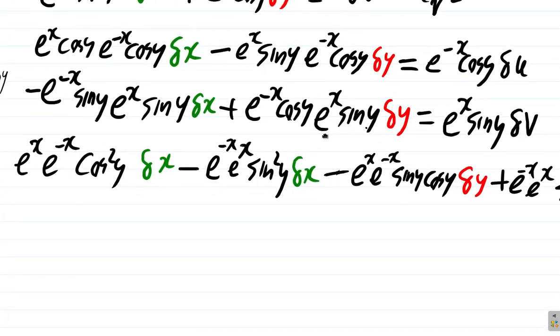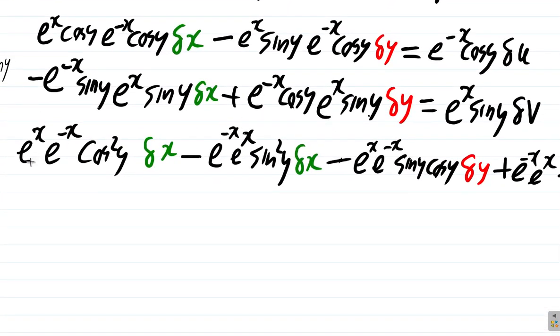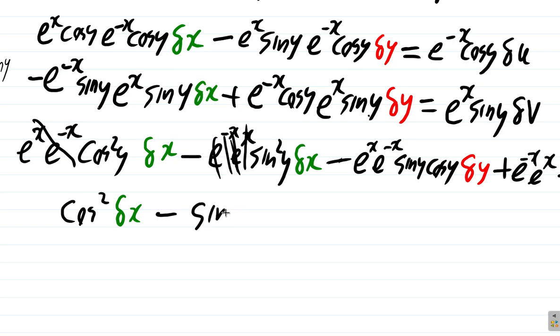Now, here, e to the x by e to the x is 1. So this part is gone. We have cos squared, change in x, minus e to the x by e to the negative x by e to the x. That's gone as well. We have sine y by del x. But you see the del x could be factored out.